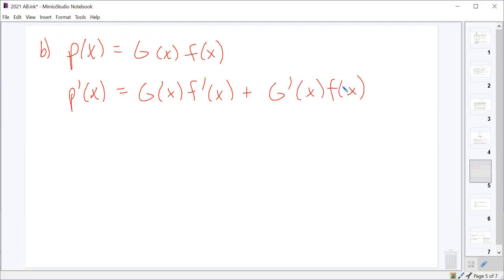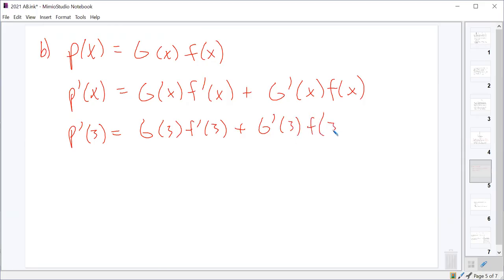Everybody good with that? And it asks us to find P prime of 3. So that ought to be G of 3 times F prime of 3 plus G prime of 3 times F of 3. So then we just need to go back and look at our graph and figure out what all of those different things are.